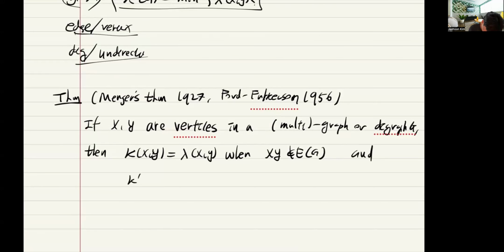And kappa prime xy and lambda prime xy are the same always, even if they are adjacent.